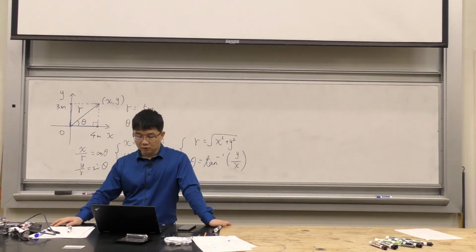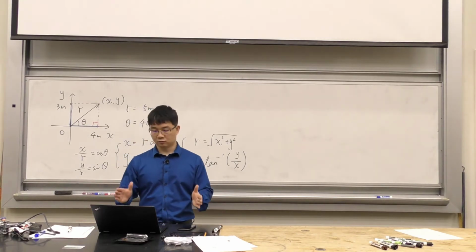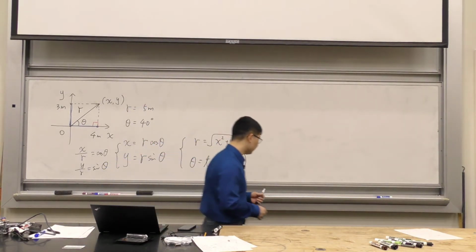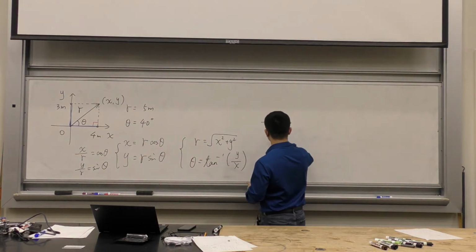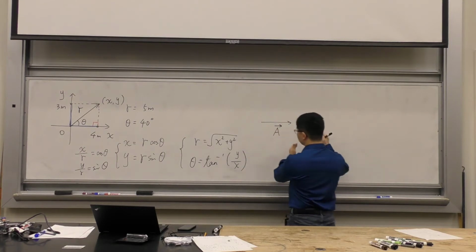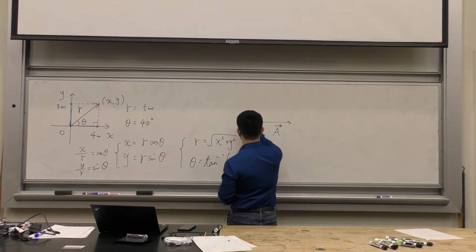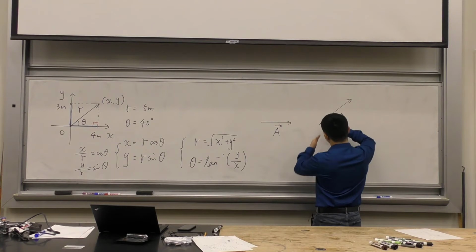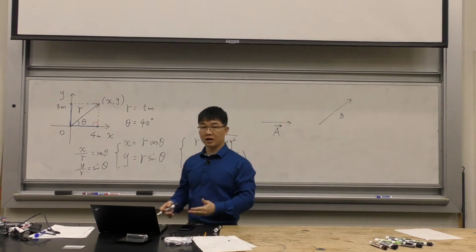Now the second rule: how do we add vectors? If you want to add two vectors, this is the rule. You're going to do that pictorially. Say I have a vector A like this, with this magnitude and direction, and I have another vector B, with this length and this direction, and I want to add these two vectors.